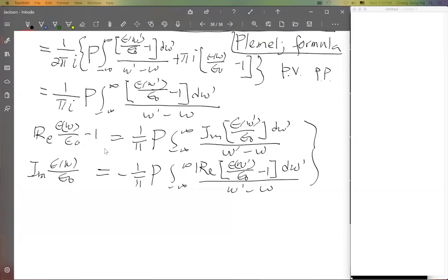Just a question about what you said. You said that the epsilon of omega must equal 0, but am I reading this correctly when it says the real part of epsilon omega over epsilon naught minus 1? Yeah, this one must be equal to 0. So epsilon over epsilon 0 minus 1 must be 0. So epsilon must equal epsilon 0. Epsilon is absolutely real with no imaginary part, so the right-hand side will be absolutely 0.